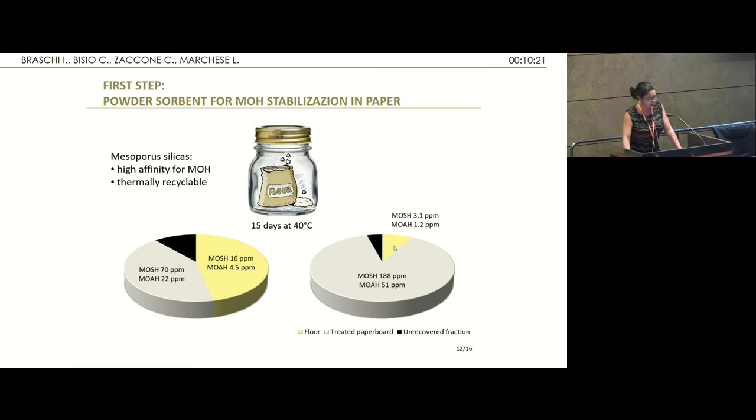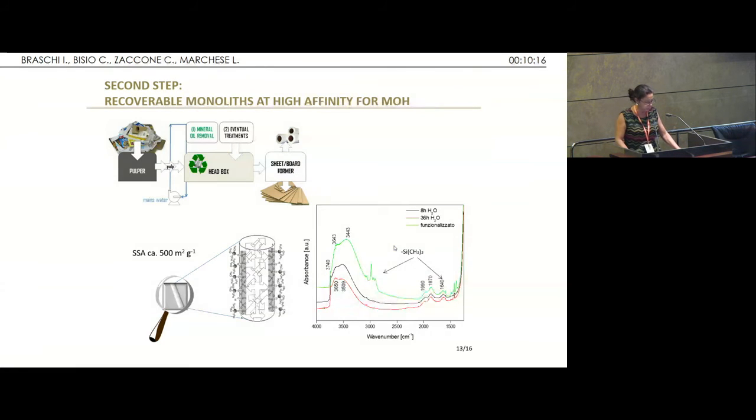So with these positive results, we proceeded to synthesize a sorbent in the form of a monolith. The monolith was synthesized in just one step, and then it was functionalized with some organic functionality. This monolith can have, of course, a different shape.